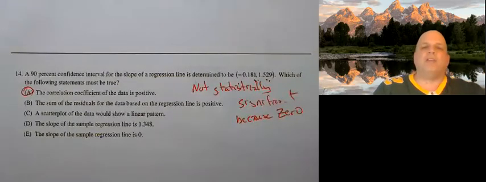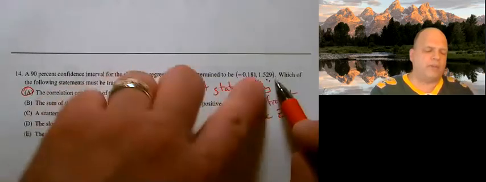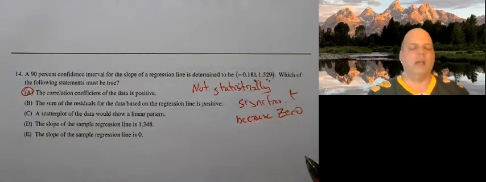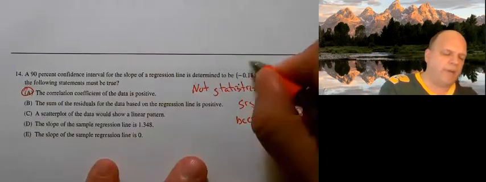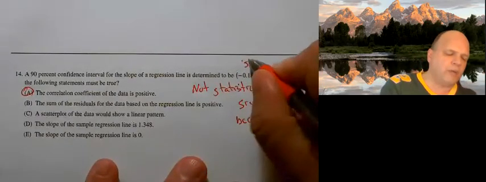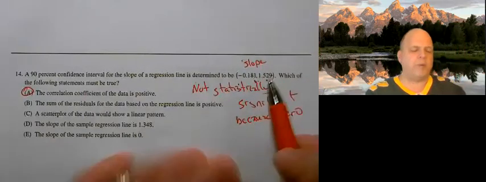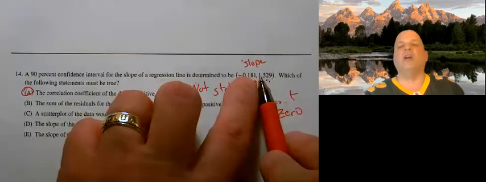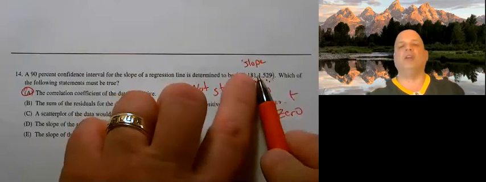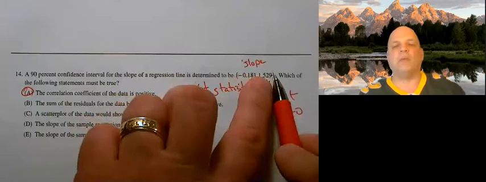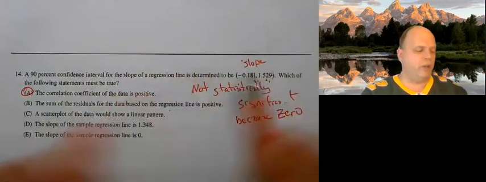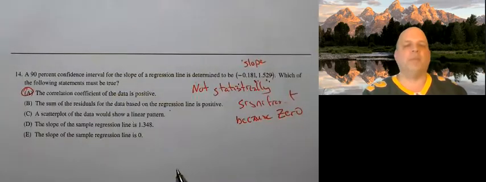Because we have more positive values, it's weighted more to the positive side than to the negative side. Our slope is more likely to be positive than it is to be negative. And if the slope is positive, then the correlation coefficient must be positive.